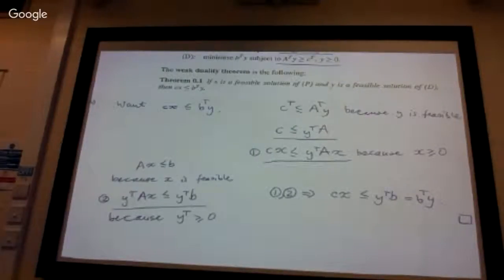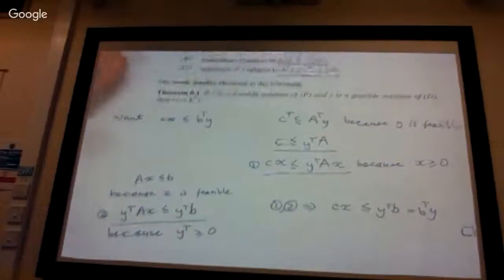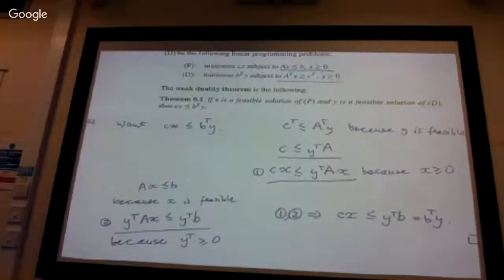You've got a couple of inequalities that you need to combine in the right way to get what you want. There isn't much to understand about it. You just need to remember how they're put together as a puzzle, so you get what you want. Okay, shall we move on then?